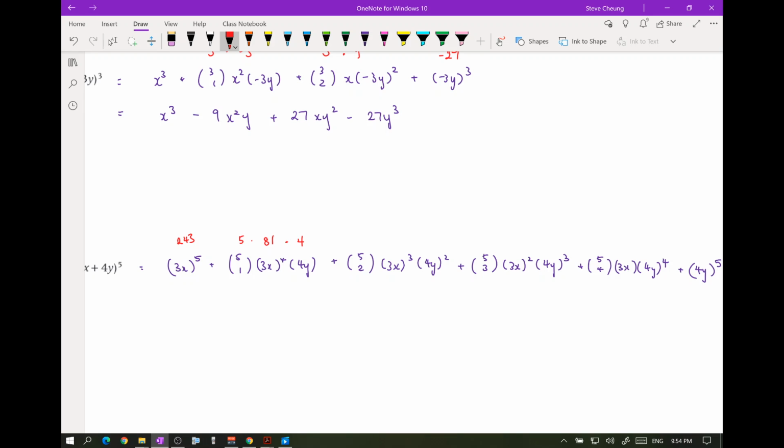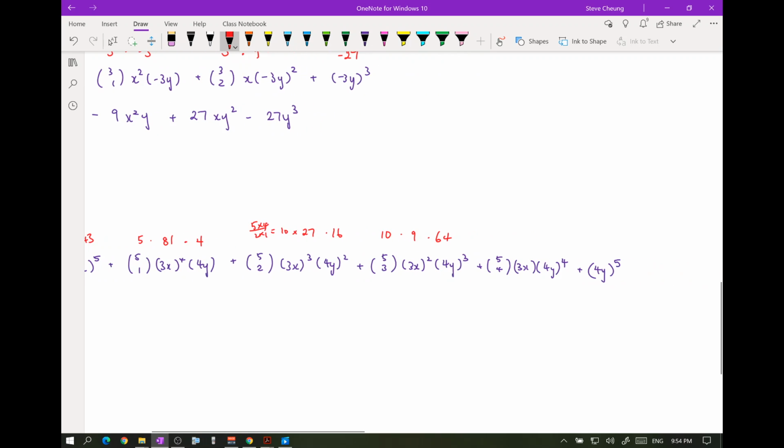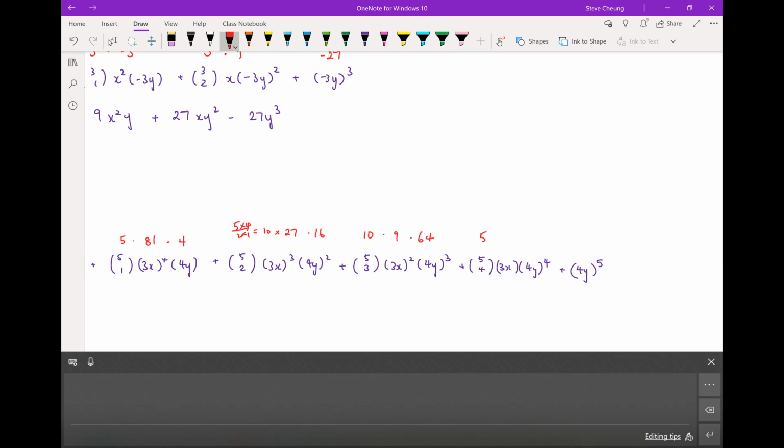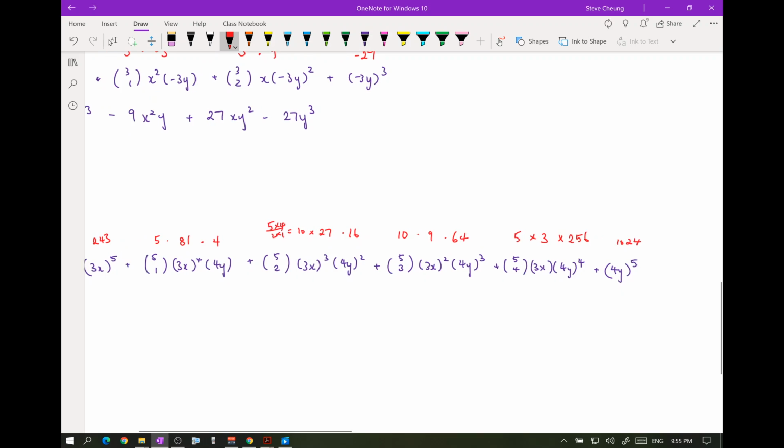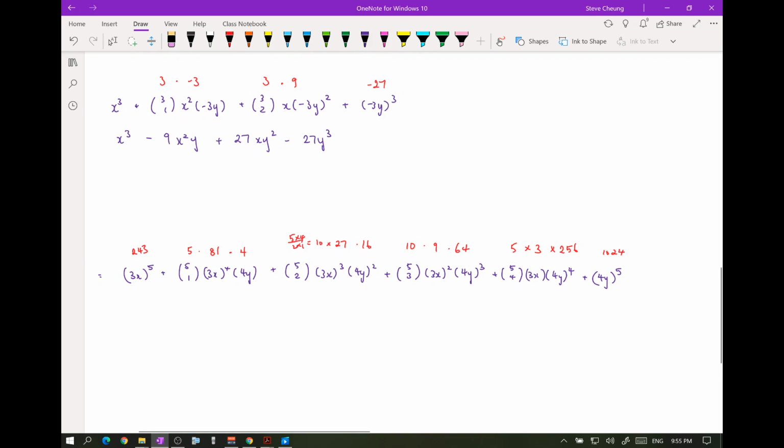And then times another 4. 5 choose 2 is 10. 3 to the power of 3 is 27. 4 squared is 16. 5 choose 3 is the same as 5 choose 2, so it's again 10. 3 squared is 9. 4 to the power of 3 is 64. 5 choose 4 is 5, times 3. 4 to the power of 4 is 16 times 16, 256. And then times another 4 is, I think, 1024. And you really need to have a calculator for this. Please use a calculator.